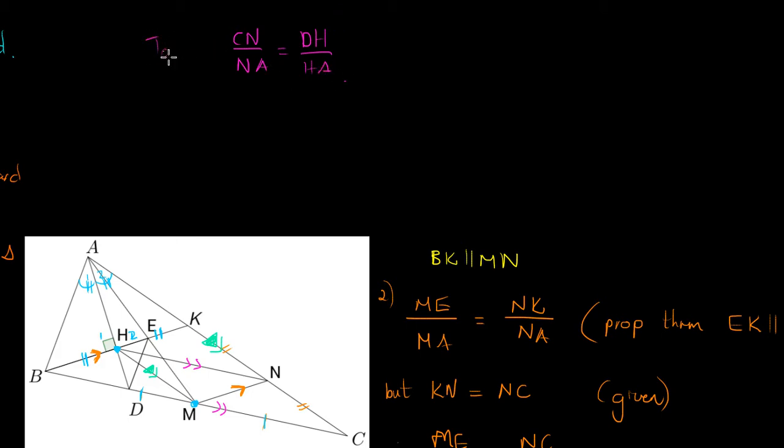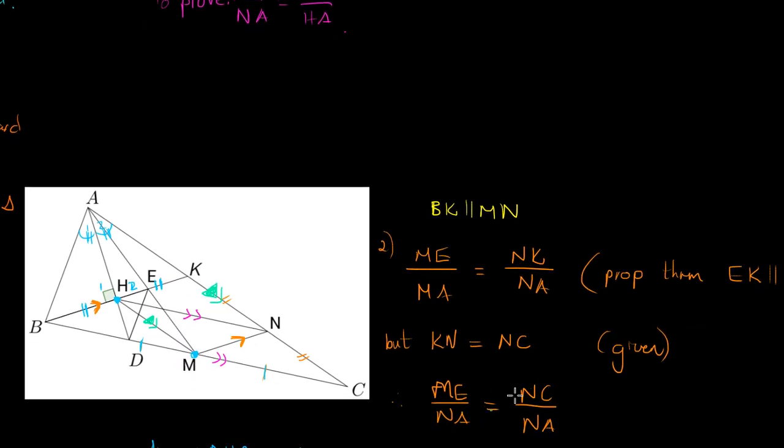That's to prove. I can't use this. I have to prove this. So CN over NA, that's that triangle. CN over NA. Let's just see. CN over AN is equal to ME. Is that useful? Let's see. Oh no. Okay, no.